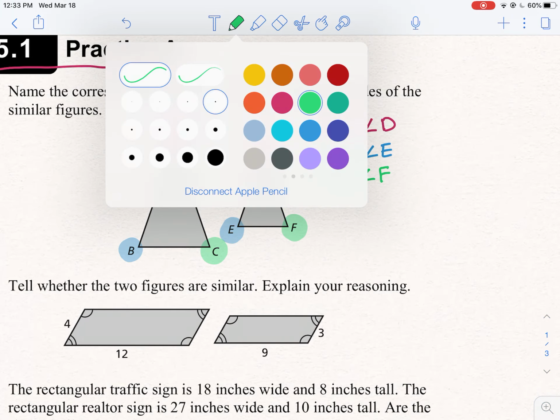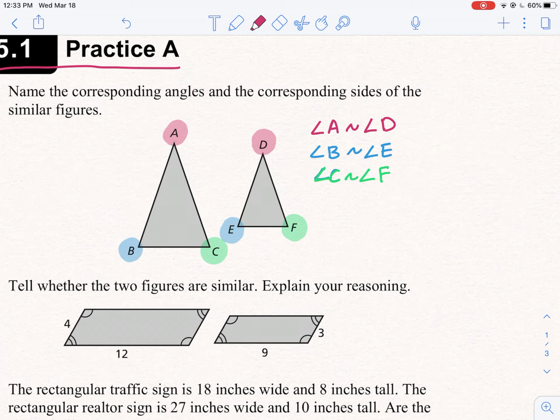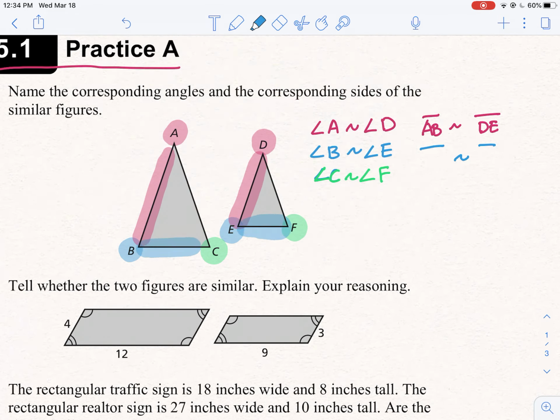And same thing for the sides. So for the sides, side AB corresponds to DE. I'm starting from the same vertex. And then the next one, BC and EF.